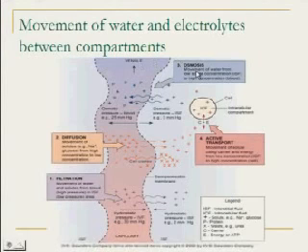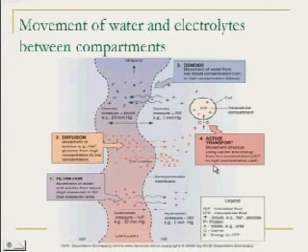Another process would be osmosis, where you see the movement of water from areas of low solute concentration in the interstitial fluid to areas of high concentration. That's the process of osmosis, just the opposite of what we see in diffusion. And then there is active transport.